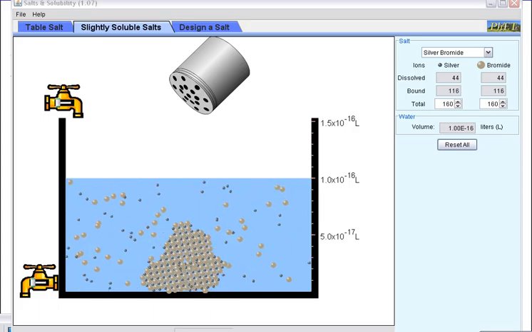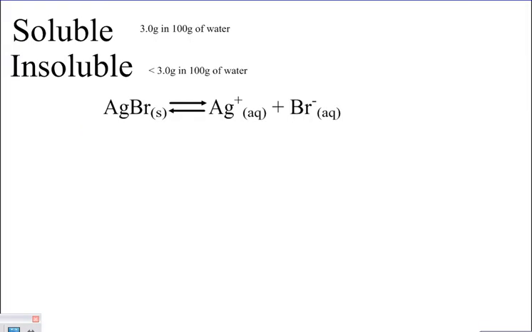To write the equation for that, it would be silver bromide becoming silver ions and bromide ions. If I asked you to write the equilibrium expression, or the equilibrium constant for this, you would write the concentration of silver ions times the concentration of bromide ions.